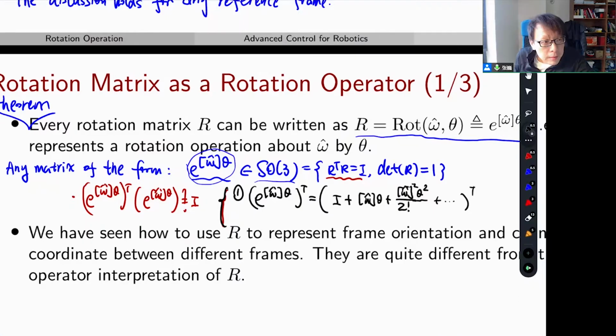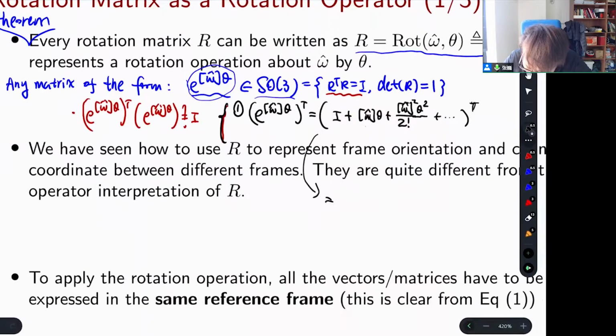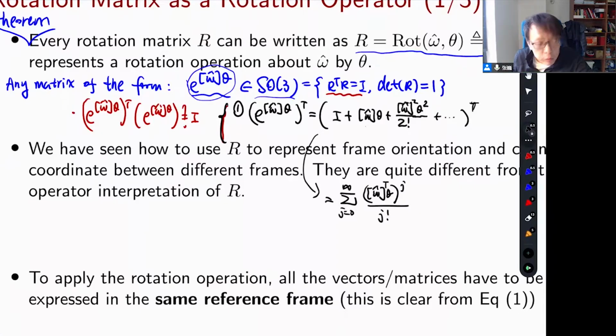Are you with me? If I take the transpose, since this is all a summation of matrices, I can move the transpose inside. So overall this is the summation, J from 0 to infinity, of omega hat theta, the whole thing to the J, over J factorial, then take the transpose inside. And this is skew symmetric.